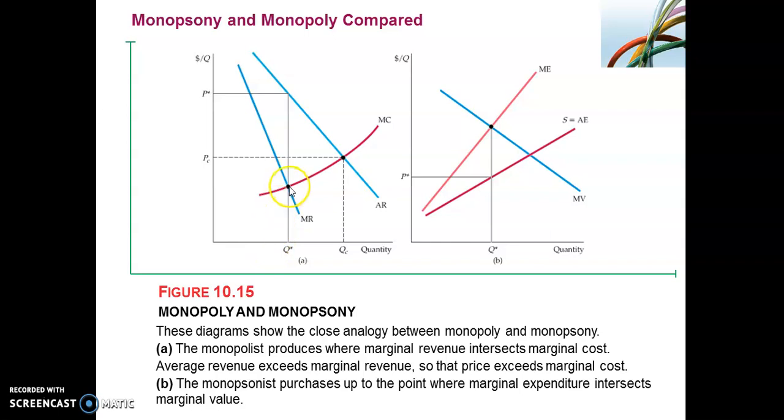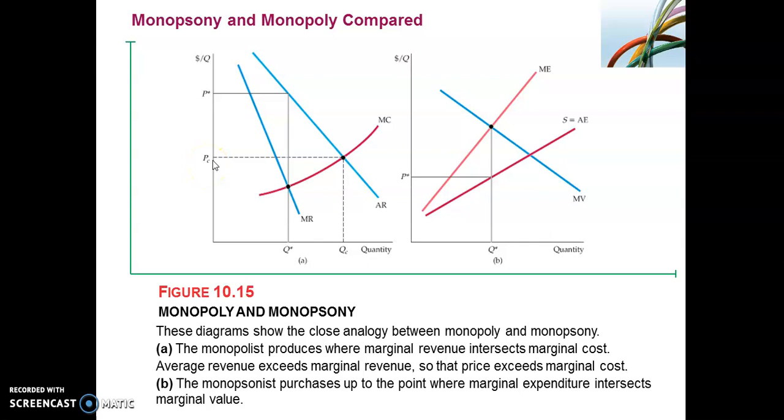However, the monopolist can charge a price. If we trace it up to the demand curve, which is the average revenue curve, the monopolist can charge a price P star. So you can see that P is greater than marginal cost. Also, if you check the price charged by the monopolist, P star, against the price charged in a competitive market, you can see that P star is far higher than the price in a competitive market, PC.